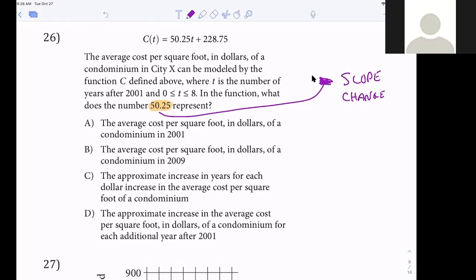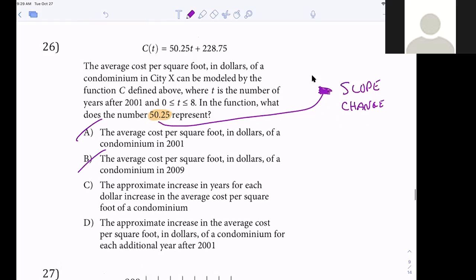Is it A? Is it B? No, because that's not talking about what? That's not talking about change. Come on, please listen. They're asking about the slope. Slope is referring to change. Cannot be A, cannot be B. Now, 50.25.